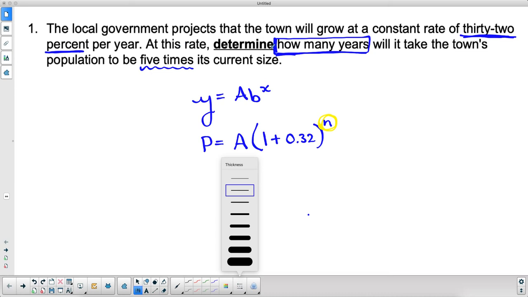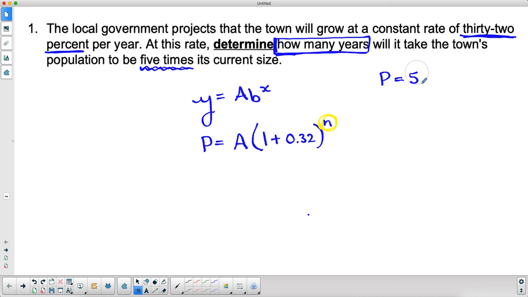And we are told that we want to know how long it takes to get to 5 times its current size. Well, we don't know what its current size is, so we let A stand in for its current size. So what we want to know is how long it takes the population to get to be 5 times its current size. So 5A is what we want there.